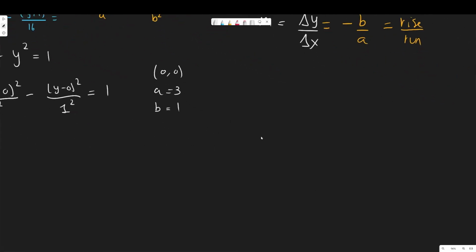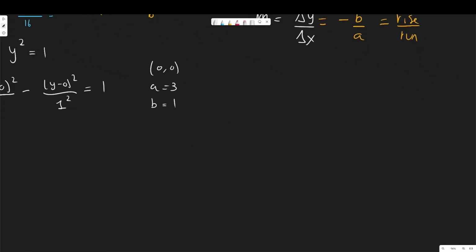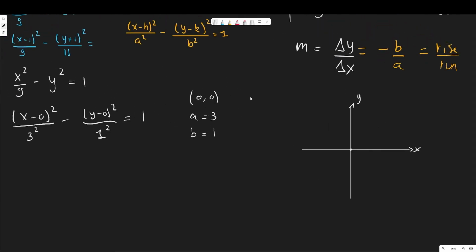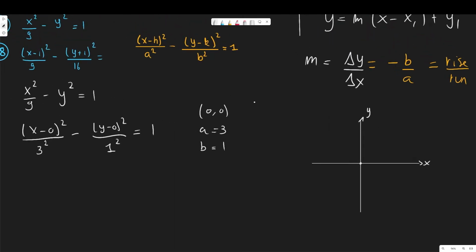So let's make a sketch. We first start by drawing the y and x axis as follows. Our origin is our center point of our box. Now a is 3 and is underneath the x, so we're going to have to go 3 steps in the x direction in both directions, so 1, 2, 3, and 1, 2, 3 to the left.